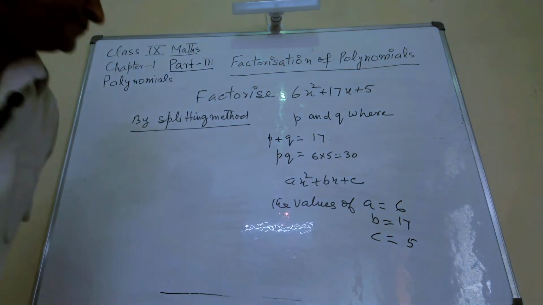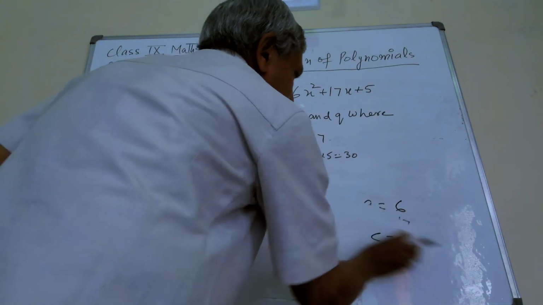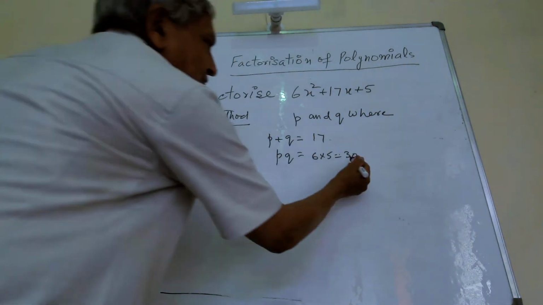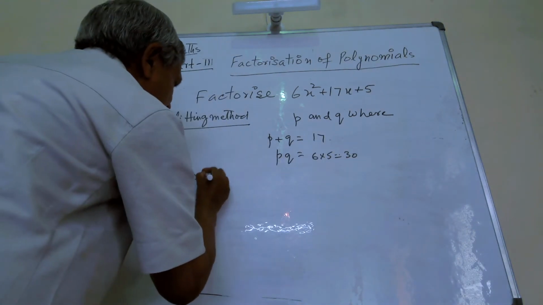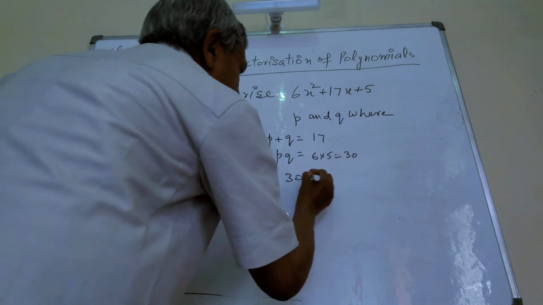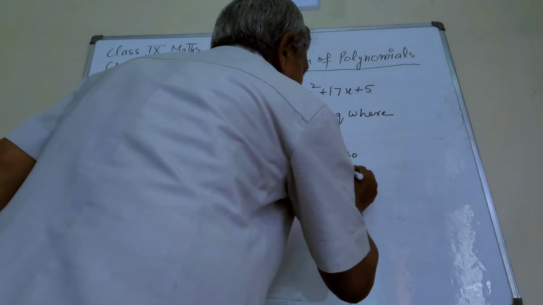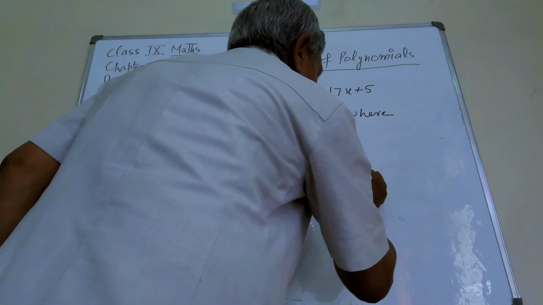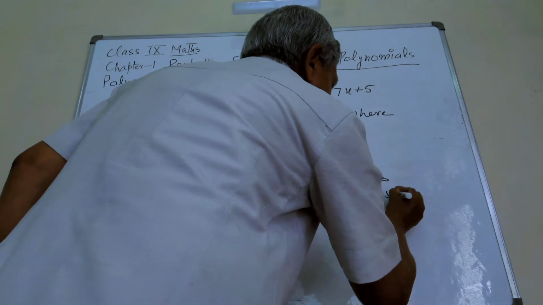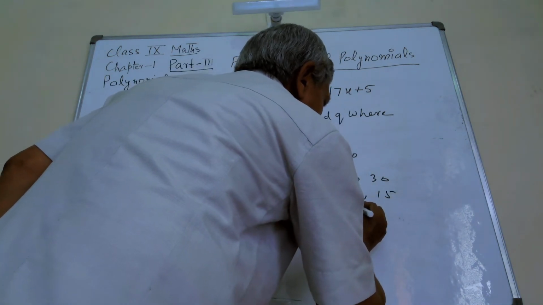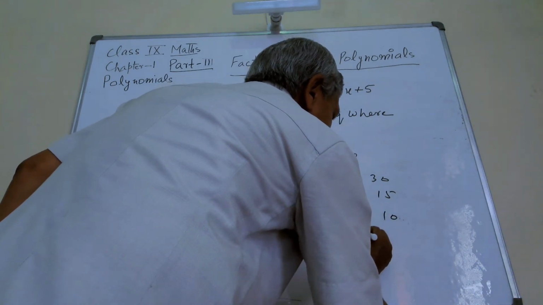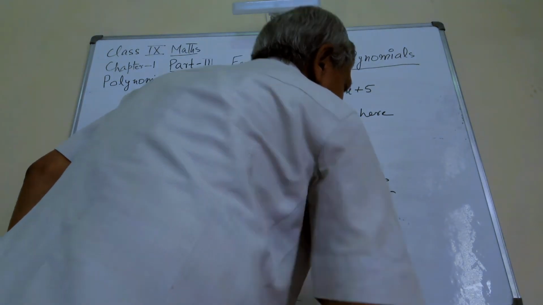Now we have to check the pairs of 30. All pairs of 30 are 1, 30; 2, 15; 3, 10; and 5, 6.